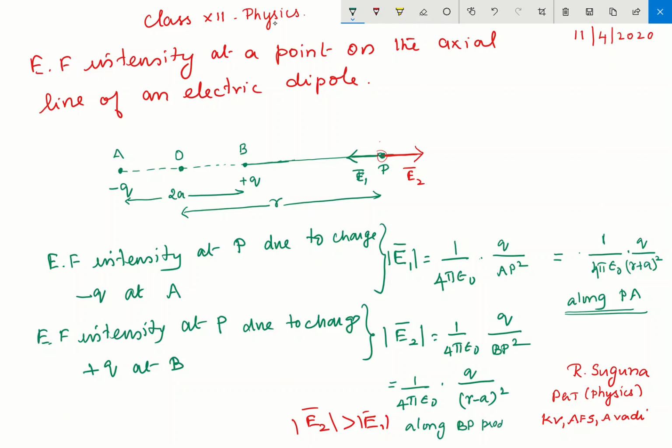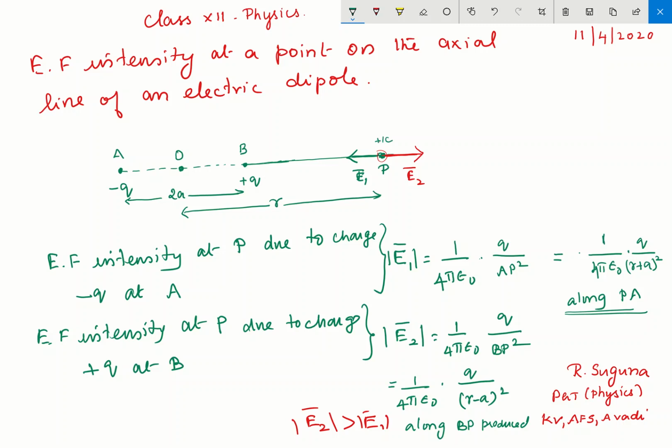What do you mean by that? If you extend BP, that direction will be your E2. Okay. Actually, what are you keeping here to find out? Theoretically you are keeping plus 1 coulomb of charge, a unit positive charge there. It is understood now. Okay.